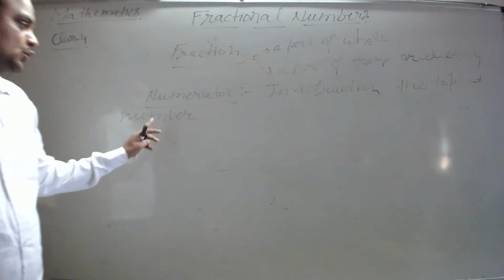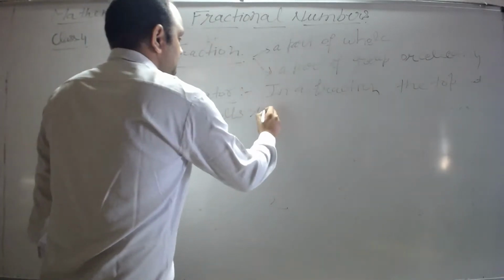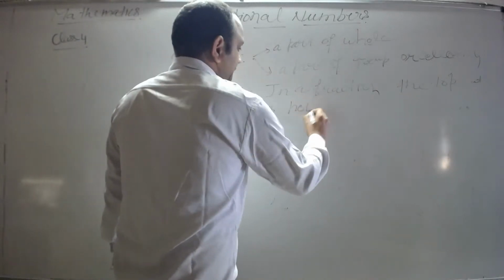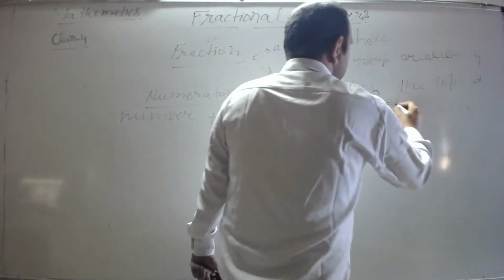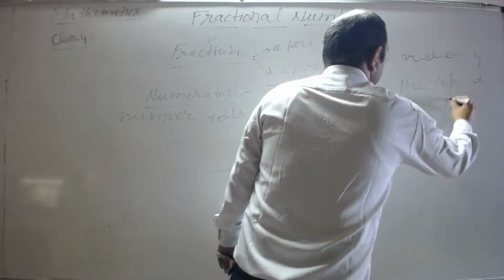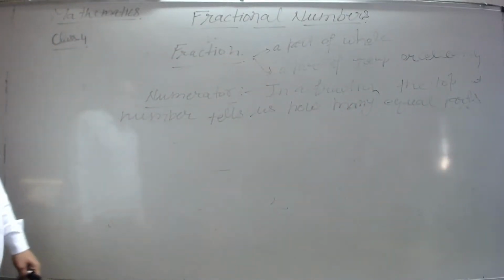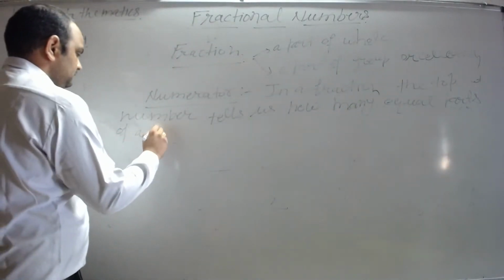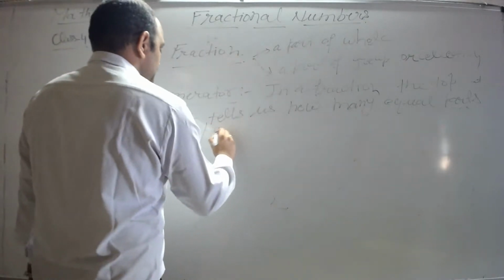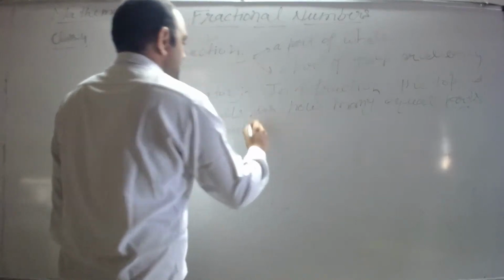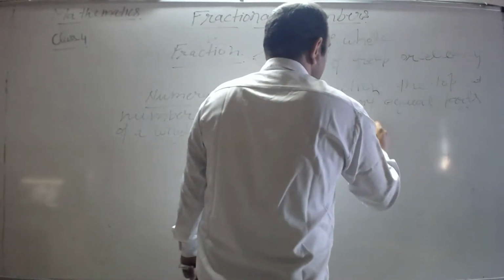In a fraction, the top number tells us how many equal parts of a whole or group have been taken for consideration.